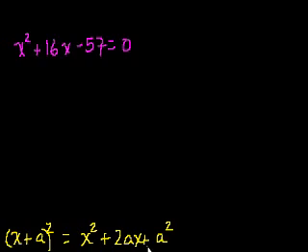So if you ever see something in this form, you know that it's x plus something squared. So wouldn't it be neat if we could manipulate this equation so we can write it as x plus a squared equals something, and then we can just take the square root. And what we're going to do is actually do just that, and that is completing the square.